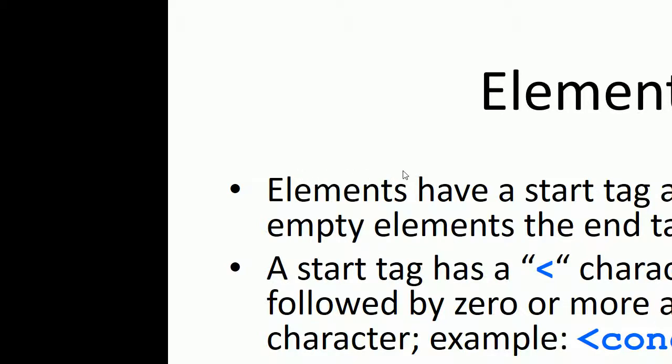In this case, it has a space, and then an attribute called ID, an attribute value of C1, and then it closes the element start tag with the greater than sign. The end tag has the same thing, a less than followed by a slash character, followed by the name, followed by the greater than character. So in this case, we have the start tag is here, concept, and then the end tag as the angle slash concept angle.